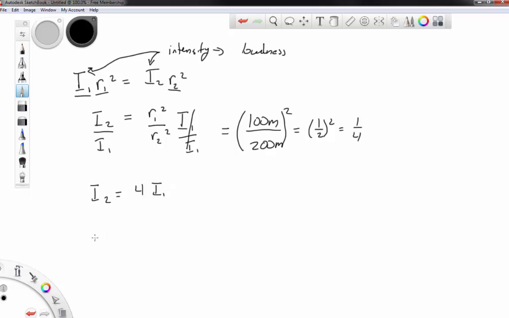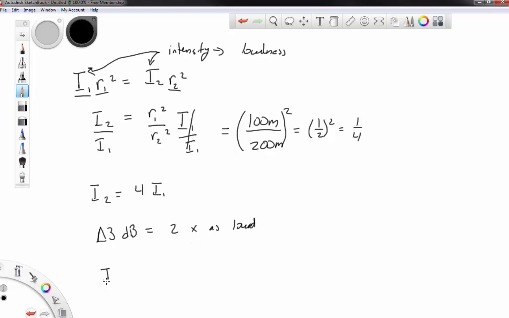Observation number 2 is that a delta of 3 decibels is the same thing as going 2 times as loud. And that means that if you subtract 3 decibels, you're getting half as loud, in other words, 2 times as quiet.